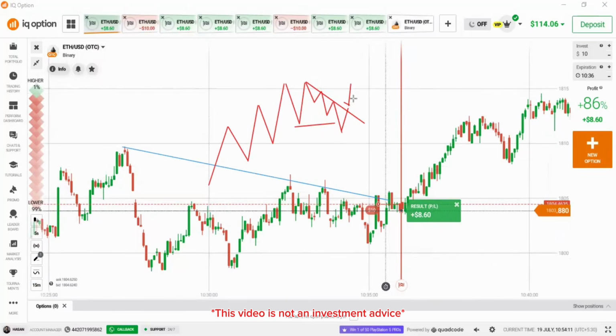When the market comes to this level, try to place your trade. Always observe how the market is moving. So here, this is a trend line point. Here, the market is moving like this. So first time it made a low lower than the previous low. So it came to this level, the trend line point. That's why I placed my trade here.